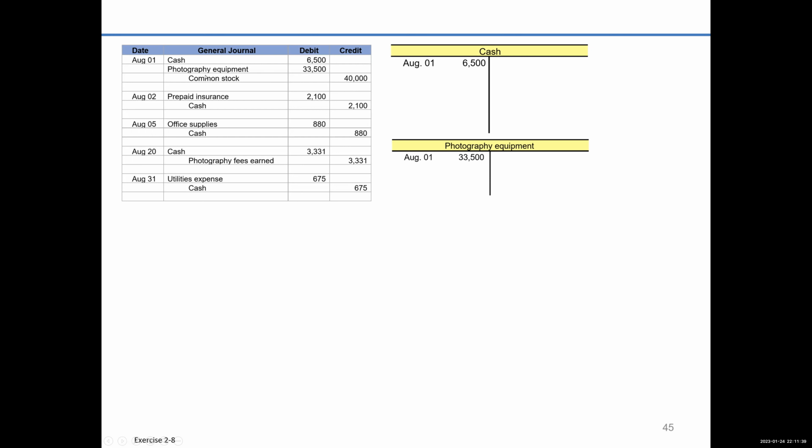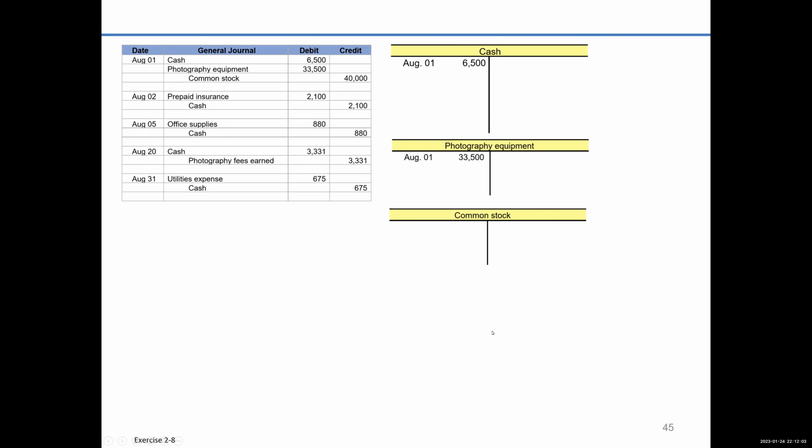Third line, common stock, credit 40,000. Well, we need to put a T account out here. Remember, these T accounts are a stripped down general ledger. The real accounts will have a running balance and account numbers and everything, but you can represent the ledger just by these simple T accounts. And that's what we're doing here.